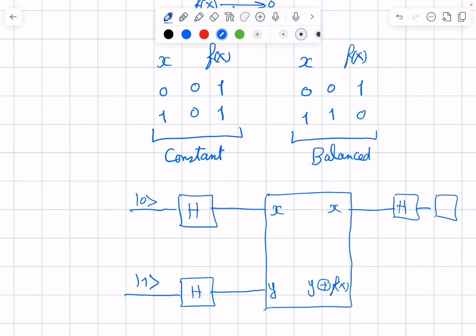Then we are going to make our measurement at this step.